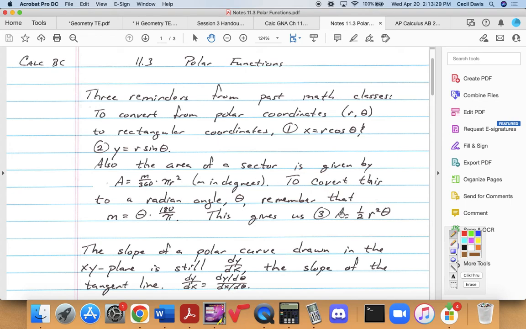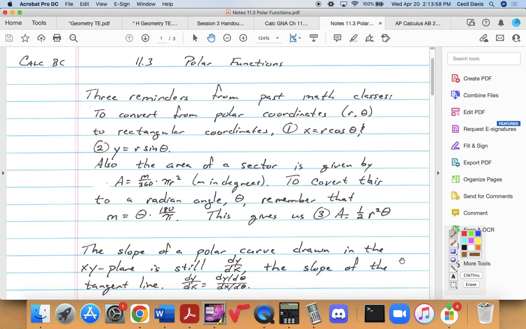So if you do all that, and I'm not going to go through it all, you end up with this really nice simple expression for area, 1/2 r squared theta. I think you used that in pre-cal last year for finding areas. It's been a long time though. It's not so much that you have to have this memorized, it's just we're going to use that to come up with something for calculus.